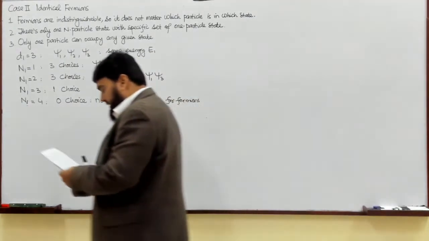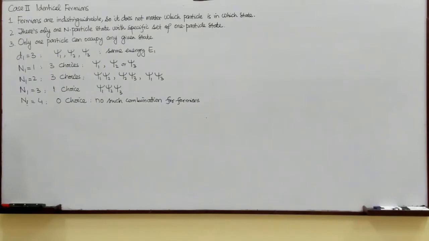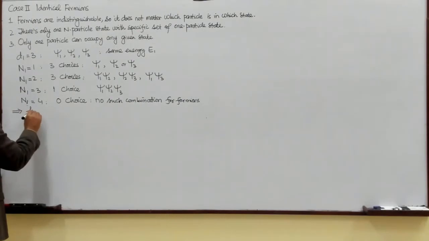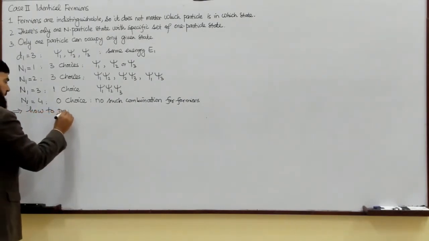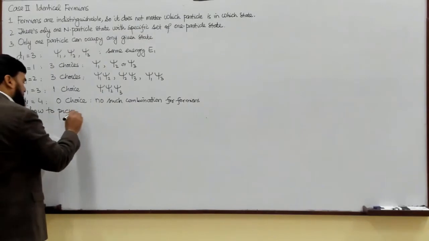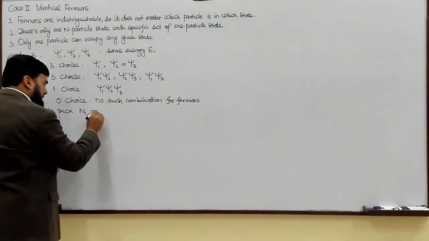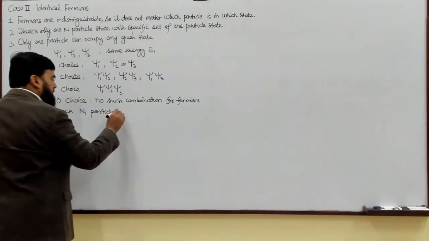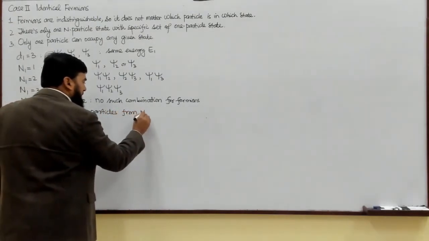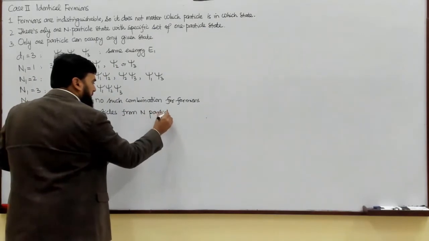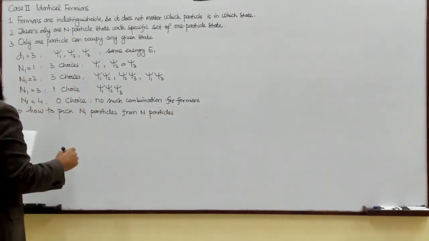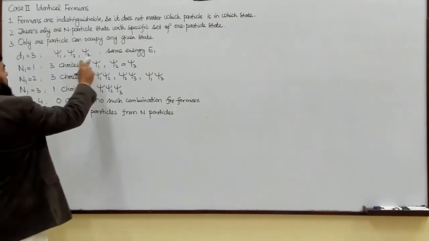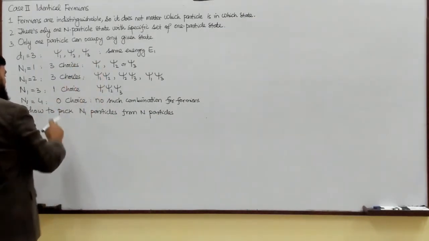Earlier, the thing that we were doing was how to pick N1 particles from N particles. This is what we did earlier, and now it depends on the number of states for the fermions.